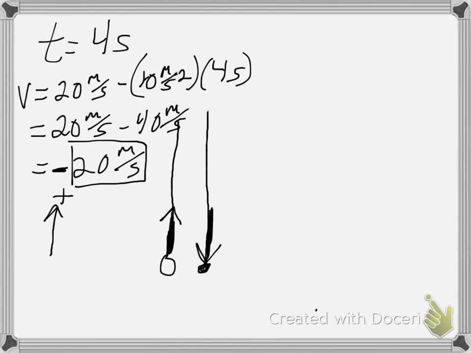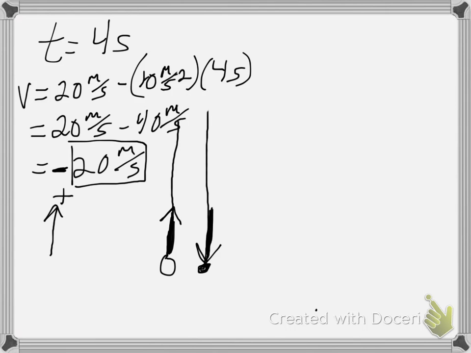Okay, so now let's look at the distance calculation, and hopefully you have a sense of what this should be. So the distance is going to be v0t minus 1/2 gt squared. And what do you predict?